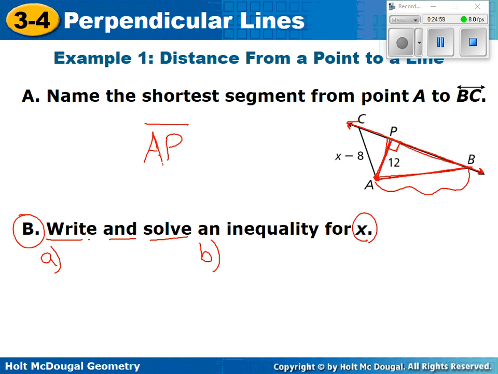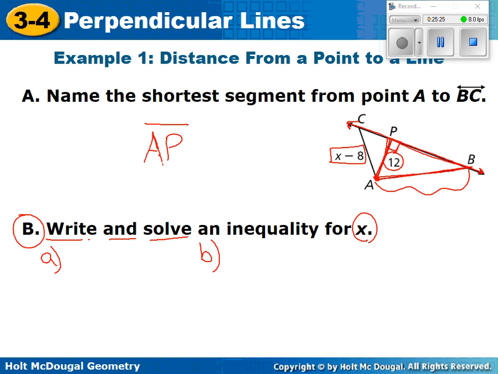So when you get to these on your homework, find x in the picture. Here's x minus 8. And then find another value in the picture, 12. And then you're going to write a comparison using a greater than or a less than symbol between those two values. So what do we know about x minus 8 since it's AC compared to 12, which is AP?